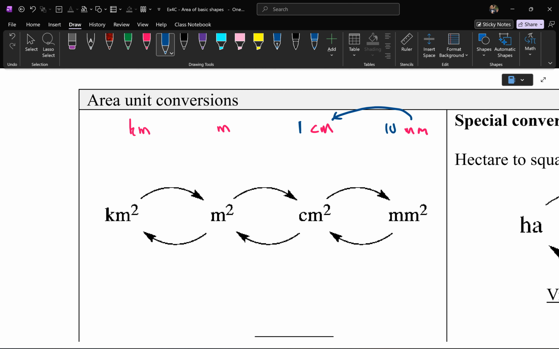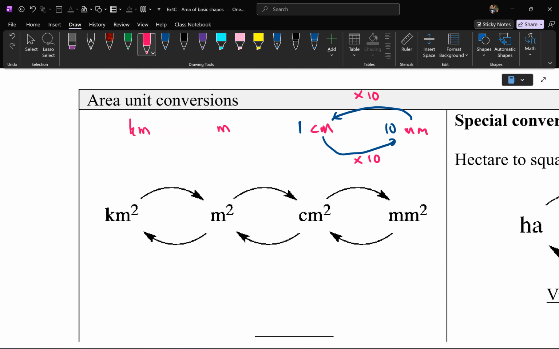So you need 10 of these millimeters to make just one. So if you think about it, how do I go from 1 centimeter to 10 centimeters back to millimeters? From 1 to 10, the only way to do that is actually times by 10. Yeah? A lot of times if I don't draw this arrow and I don't show you the explanation, most times when I ask students, how do you convert centimeters to millimeters?